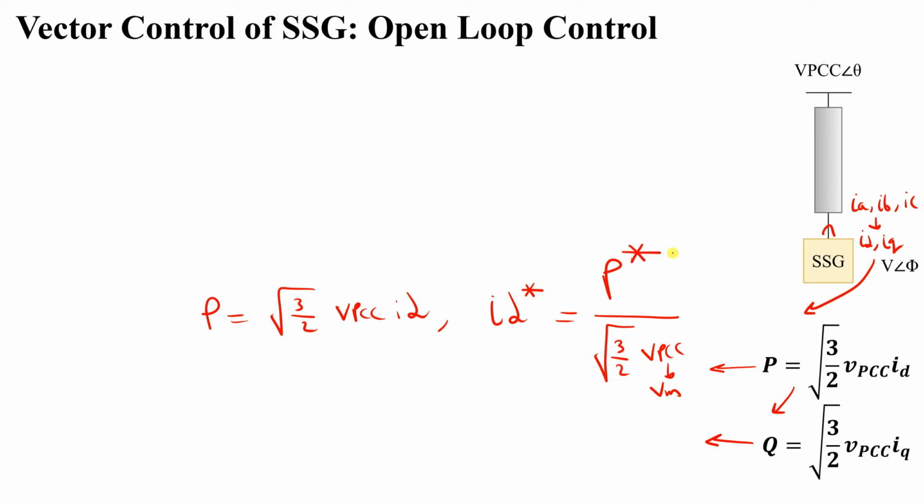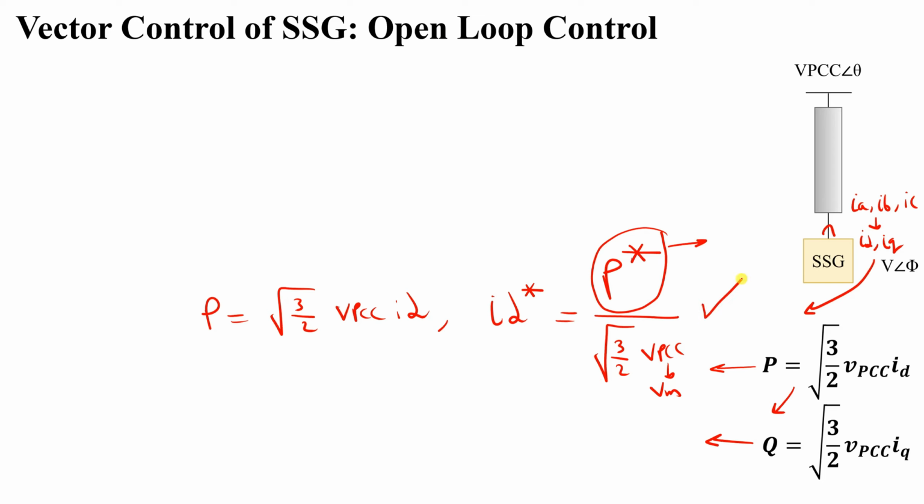So if I take the reference power needed, how much per unit, 1 per unit, 0.5 per unit of power you would like, dependent on this value, you will divide it by the constant root 3 over 2 Vmax.